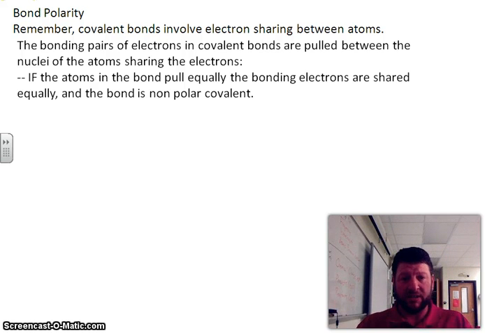So, we have element X and element Y, bonded together, and each nucleus is pulling on the electrons equally. In other words, there's a little bit of a tug of war, not like ionic bonding, but a little bit of a tug of war between this nucleus and this nucleus. And if they pull those equally, or very close to equally, then the bond is considered nonpolar.